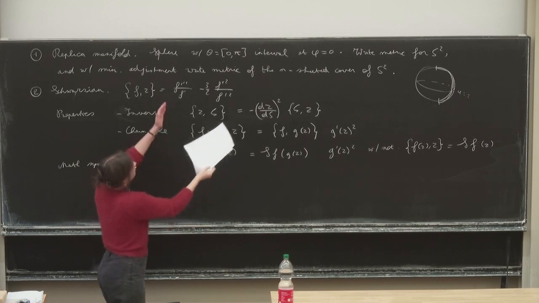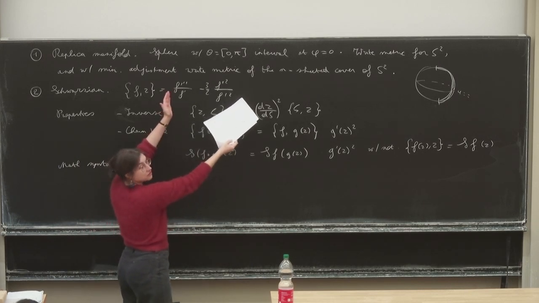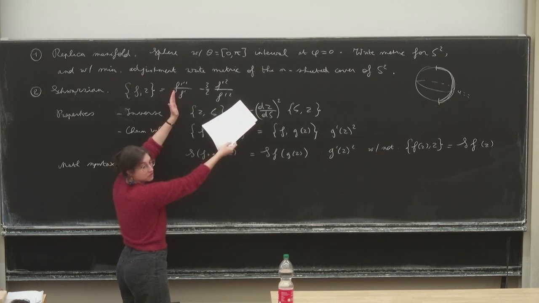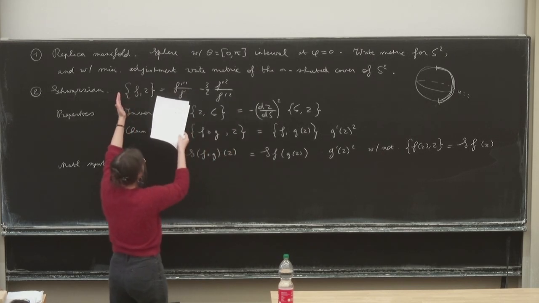So the point is, you don't want to do this operation manually. You want just to define a function in Mathematica that gives you the Schwarzian for any given function.